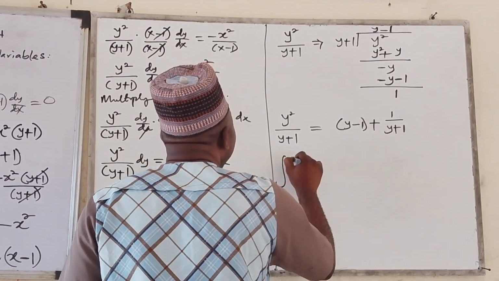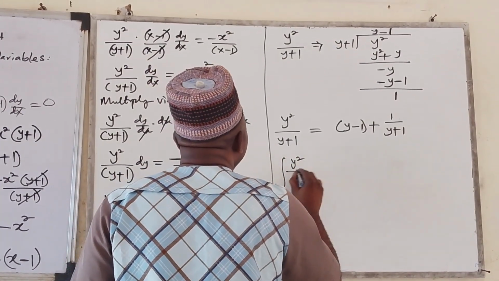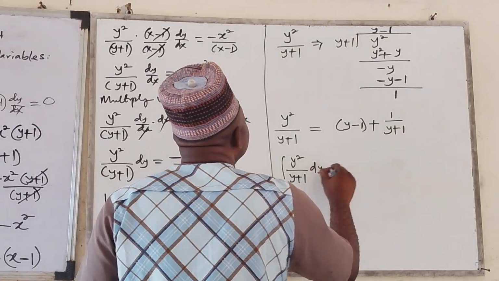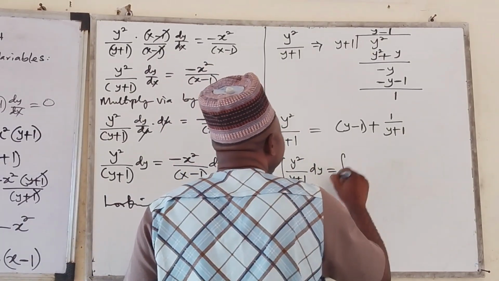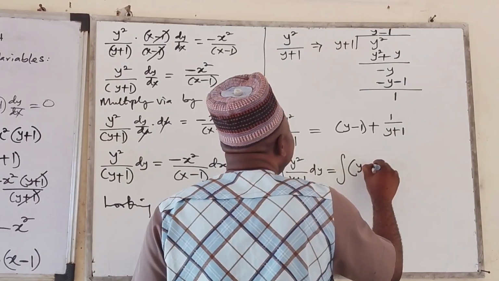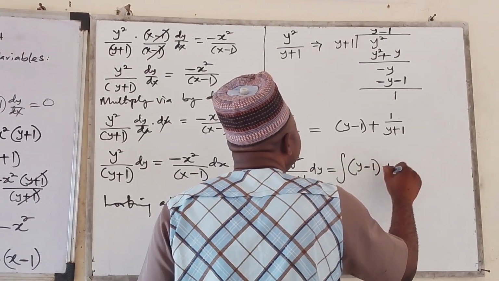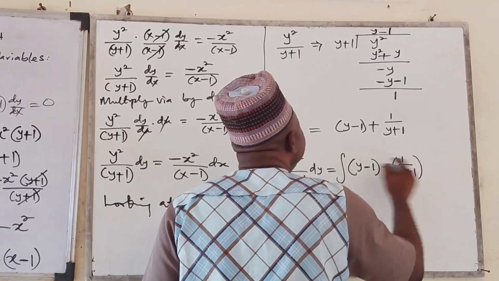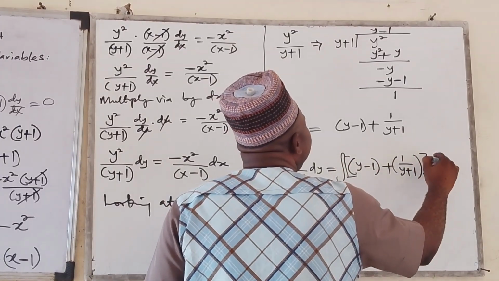Integral y squared all over y plus 1 dy will be equal to integral y minus 1 plus 1 all over y plus 1 dy.